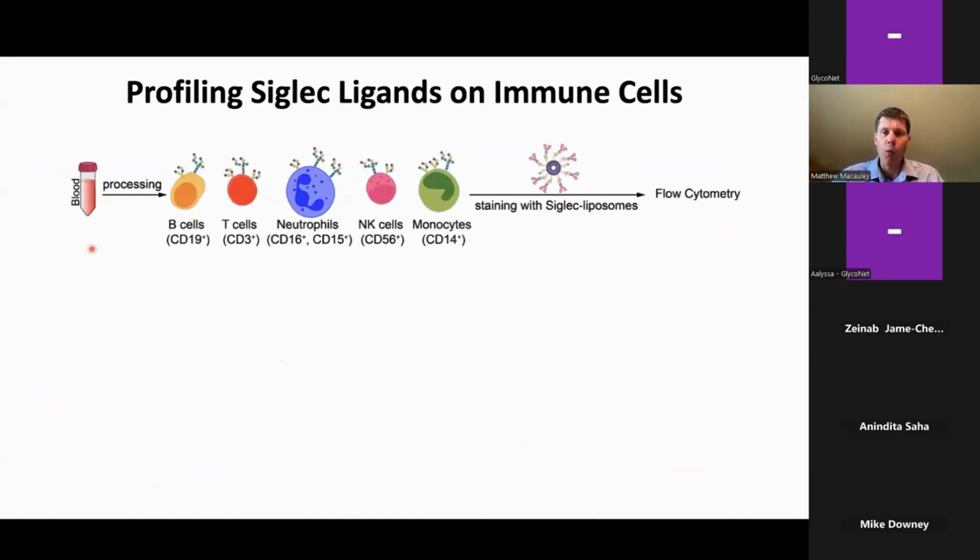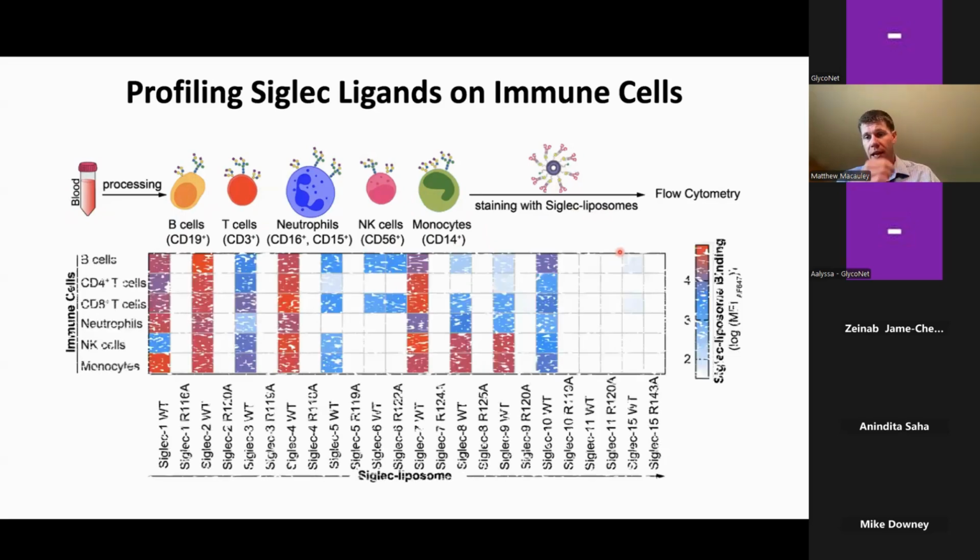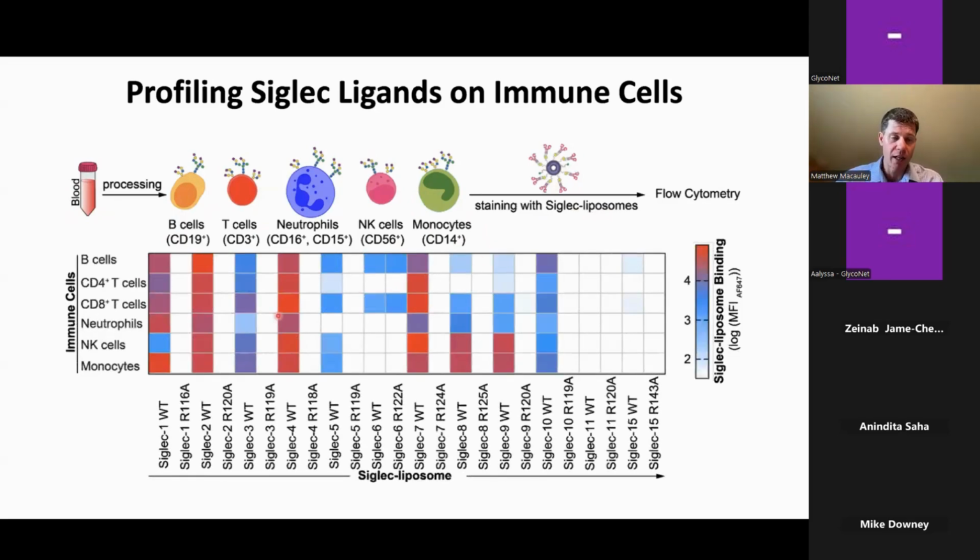So here's one where we profiled Siglec ligands on immune cells. And this is looking at human immune cells from peripheral blood. So we simply take the blood, we can subset different immune cells through multi-dimensional flow cytometry, and then stain them with our Siglec liposomes. And here's really a lot of data shown at once, but you can go through all the Siglecs, all the immune cells, and basically tell where there is binding.